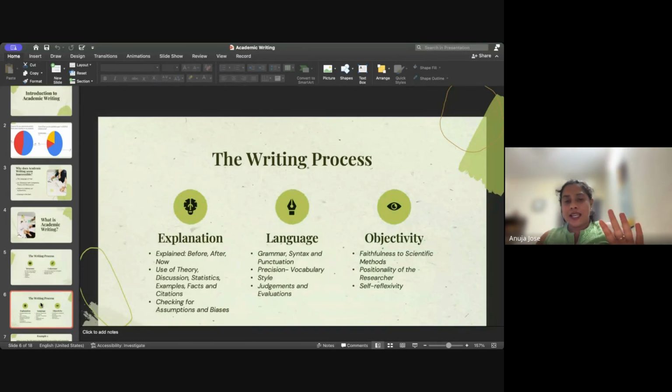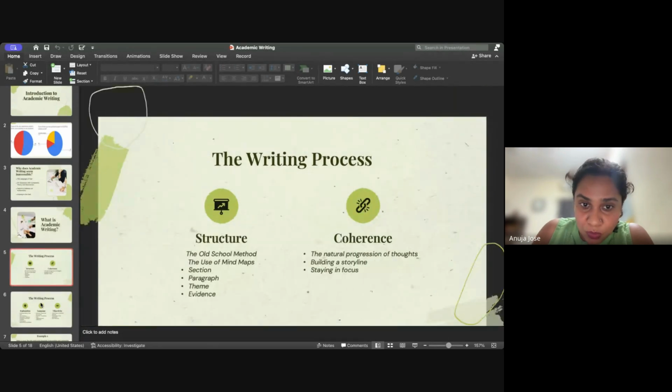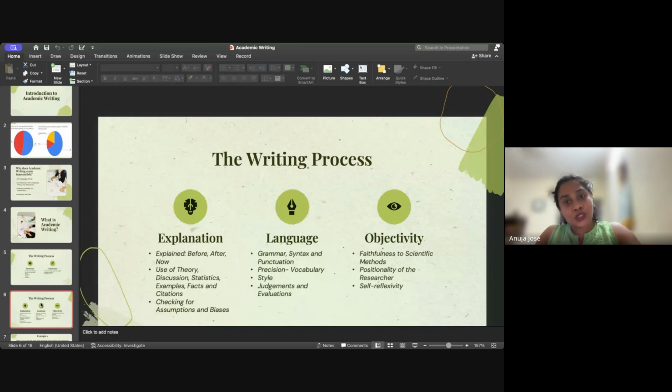You need to understand that all these things that I've discussed, the structure, the coherence, the explanation, language, and objectivity, are not watertight compartments. For instance, this explanation part that I discussed in this slide also comes in the previous slide, in the structure, where I spoke about the evidence part. It also comes in the coherence. Similarly, this objectivity part is all over.